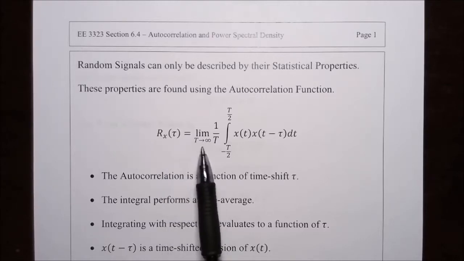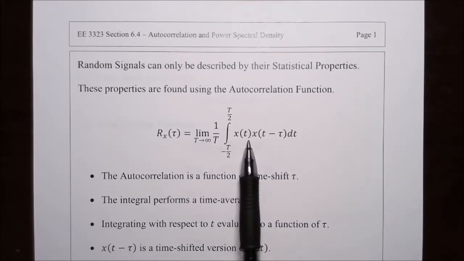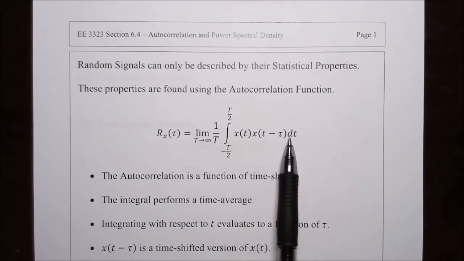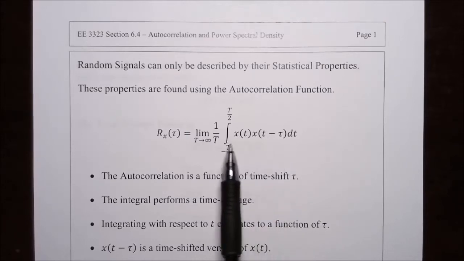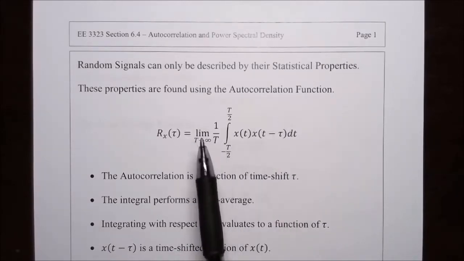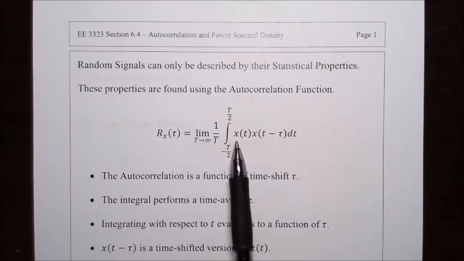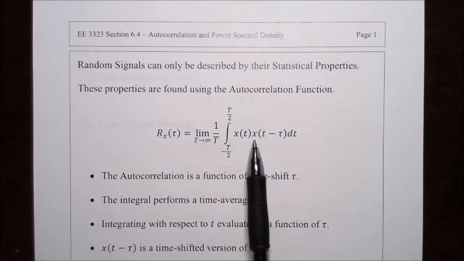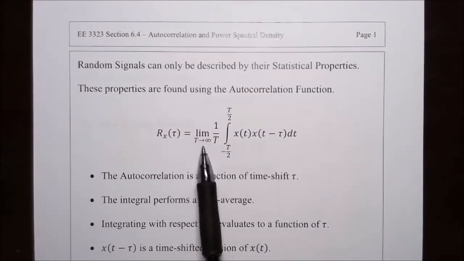To find the autocorrelation of a random signal x of t, we take the random signal, multiply it by a time-shifted version of the random signal, and then this integral process finds the time average. So we're multiplying the signal by a time-shifted version of the signal and then finding the time average.